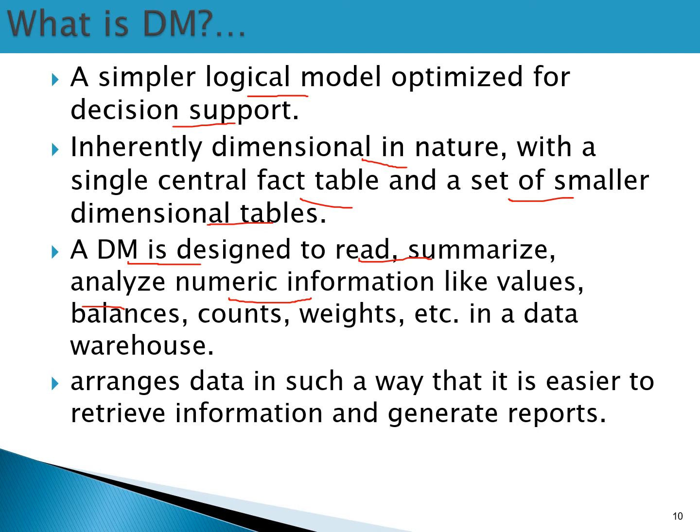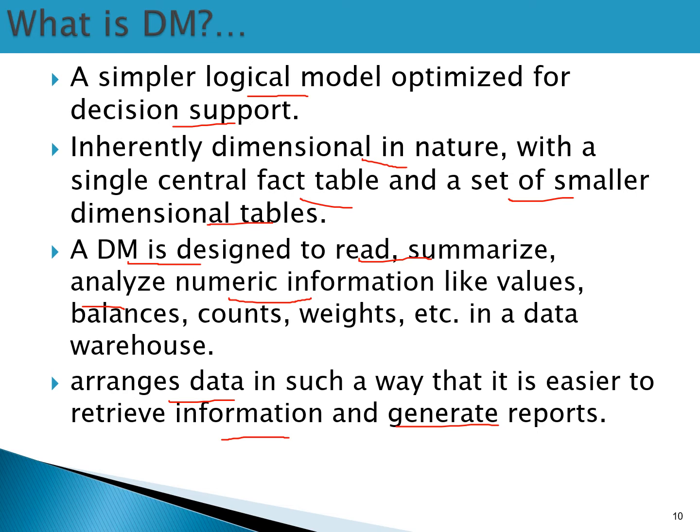It arranges data in such a way that it is easier to retrieve information and generate reports, because we are not concerned with fast updation in this case, as we are in OLTP systems.